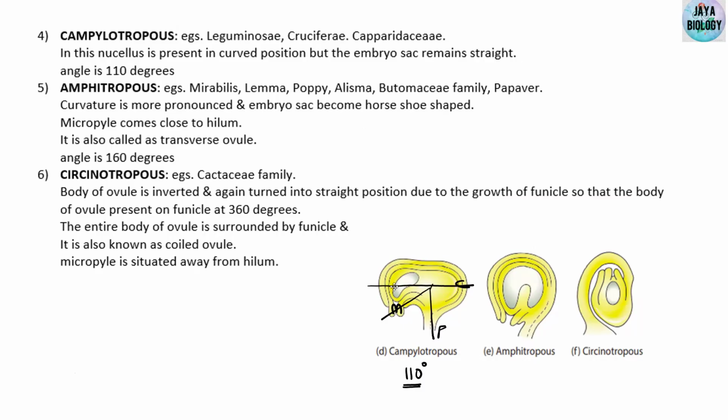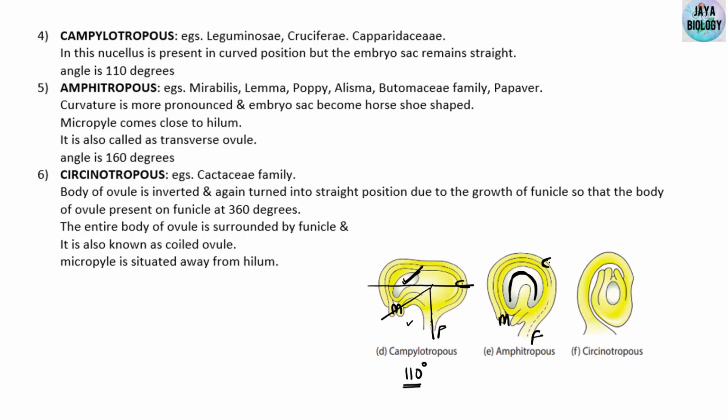And still, if you see the embryo sac, I'm highlighting the diagram. The embryo sac here is not tilted. But in the next, if you see, the embryo sac has become horseshoe shape. Clear? So this is chalaza, this is micropyle, and this is funicle.